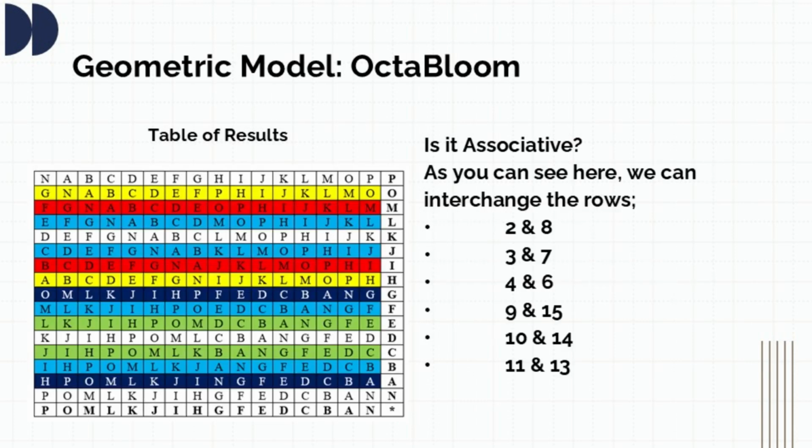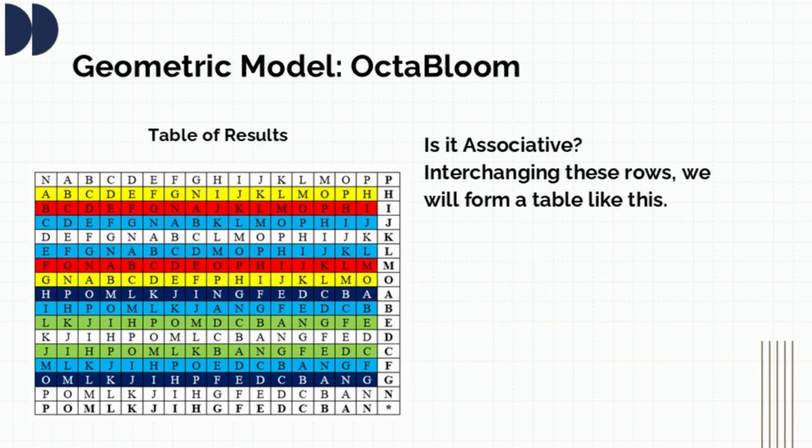As you can see here, we can interchange rows 2 and 8, rows 3 and 7, rows 4 and 6, rows 9 and 15, rows 10 and 14, and rows 11 and 13.